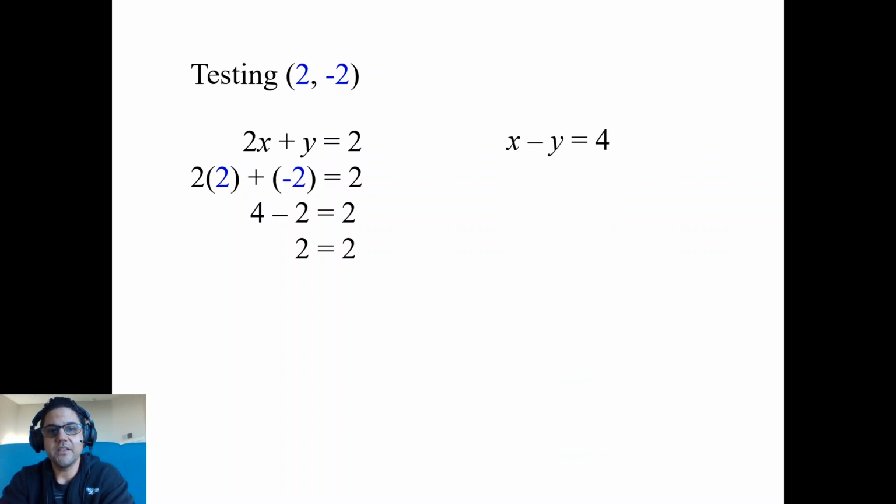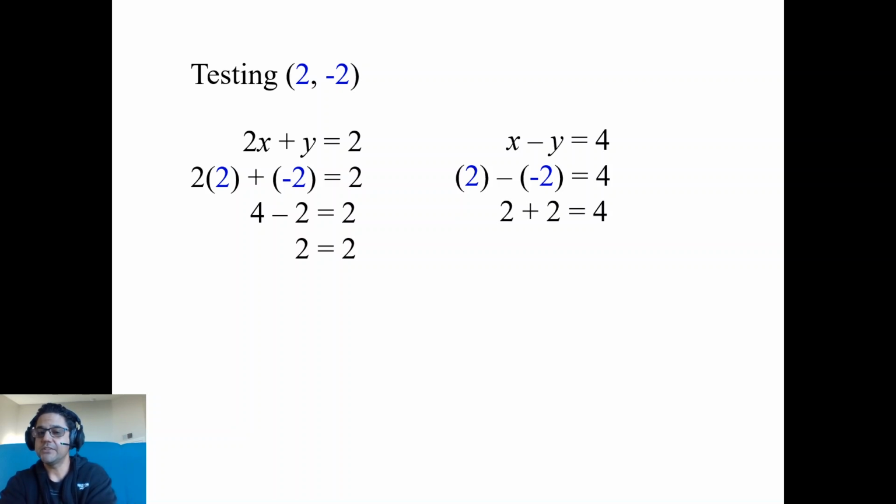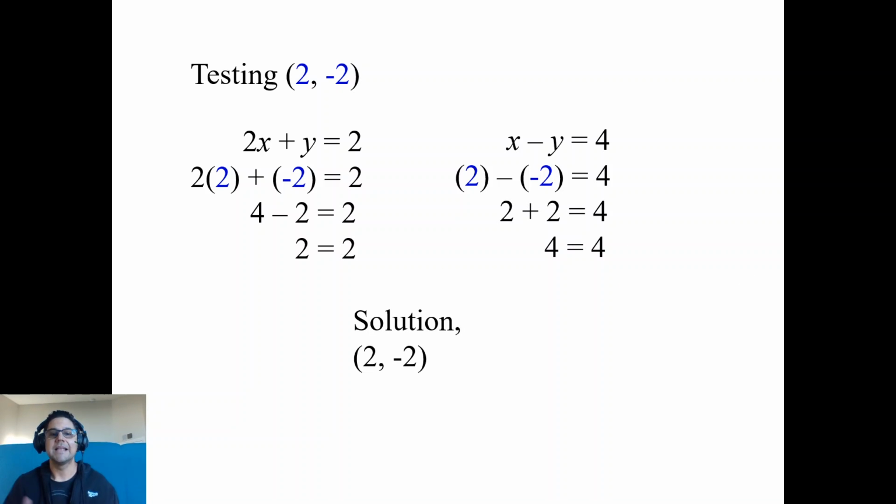Second equation, x subtract y, 2 subtract -2, which is really 2 plus 2, so it works. That means my answer really is (2, -2). So on the multiple choice, maybe it's answer A, and I select answer A. The testing is really just a good test-taking strategy, and we've tried that when we did one equation. Now we're doing 2 equations with 2 variables.